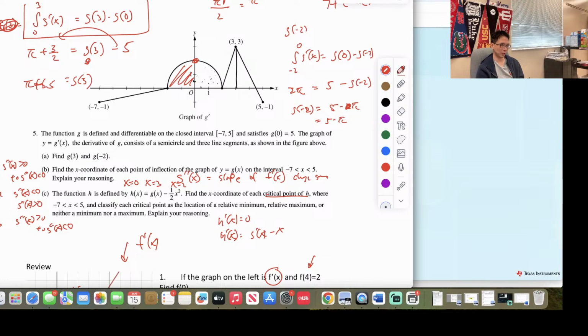So it'll be g prime of x minus x, equal to 0, so g prime of x is equal to x. That means the only thing that happens is at 3. That's your critical point.